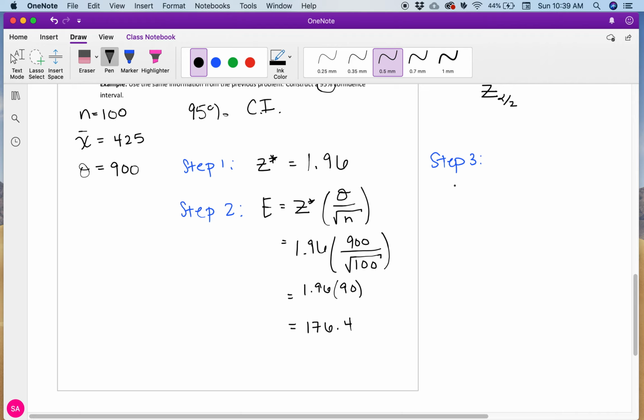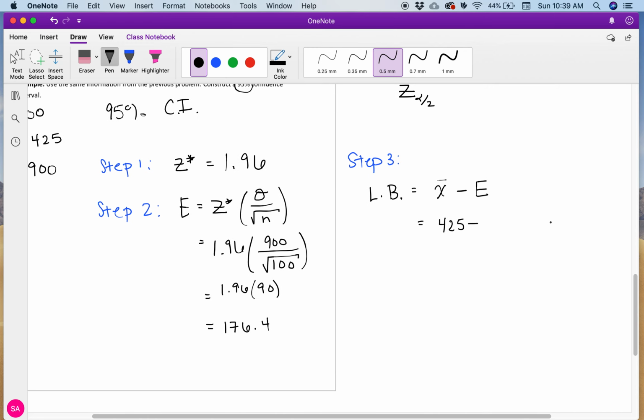I'll break it up into 2 pieces. The lower bound is your X bar, your sample mean, minus the error. So we had 425, minus 176.4.